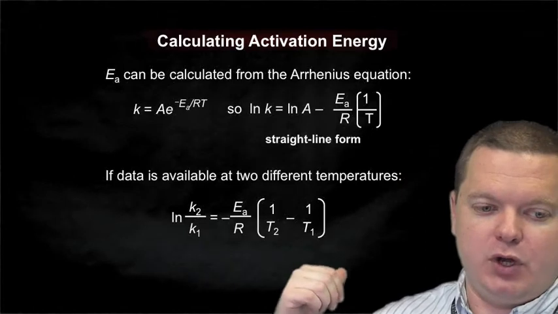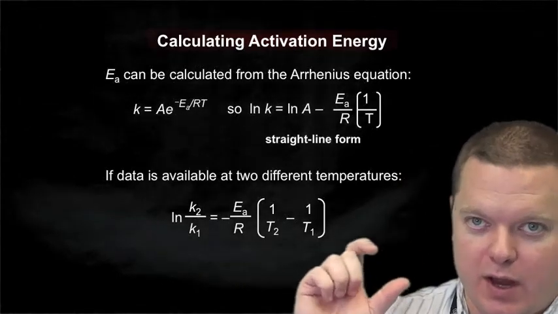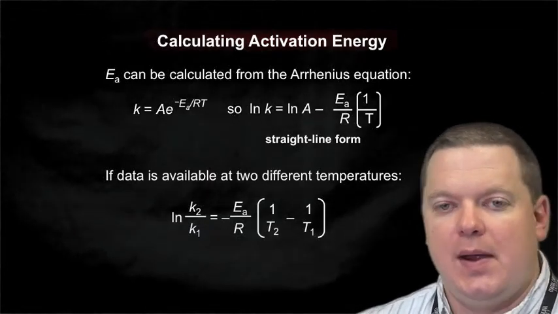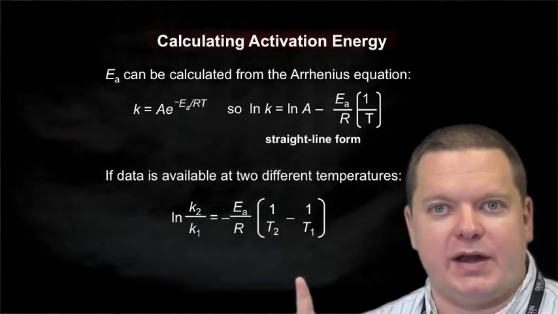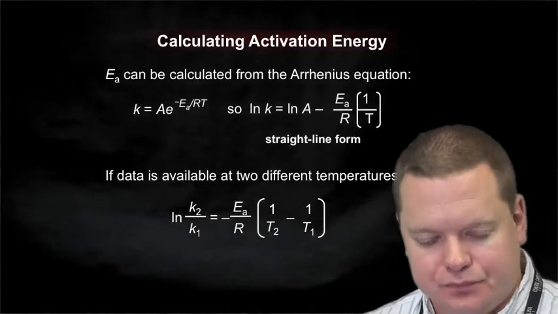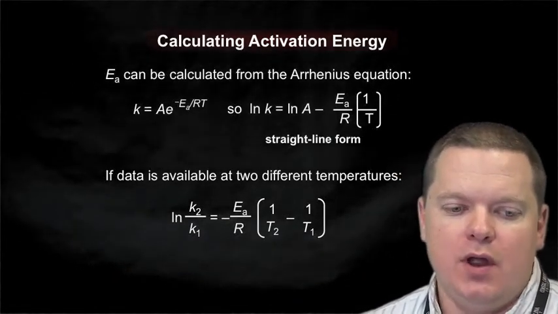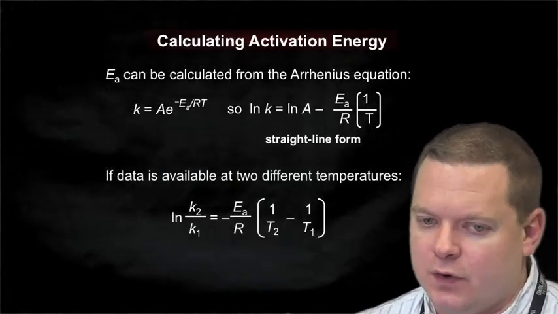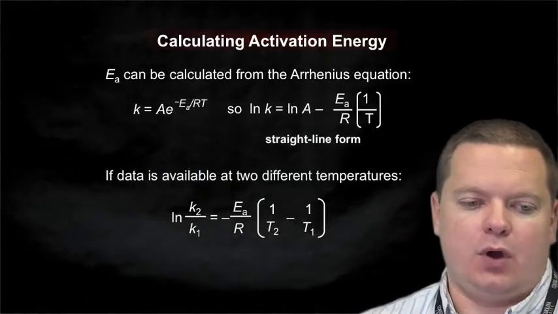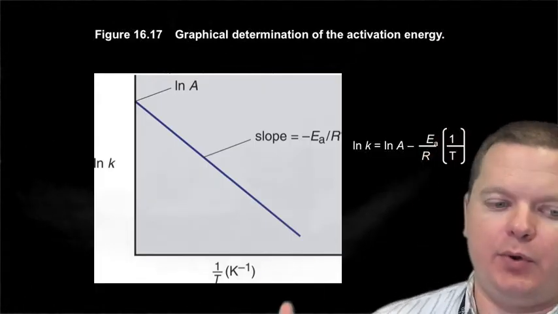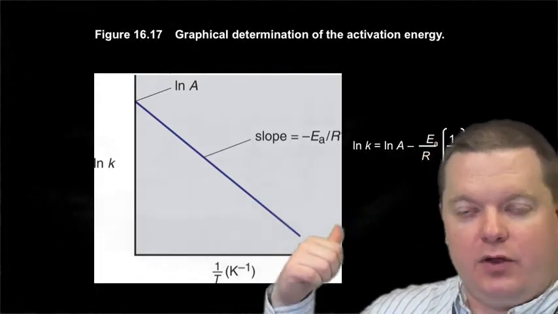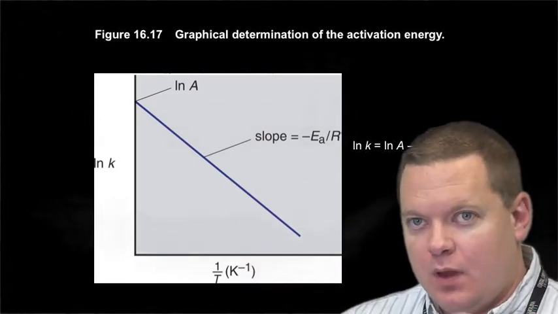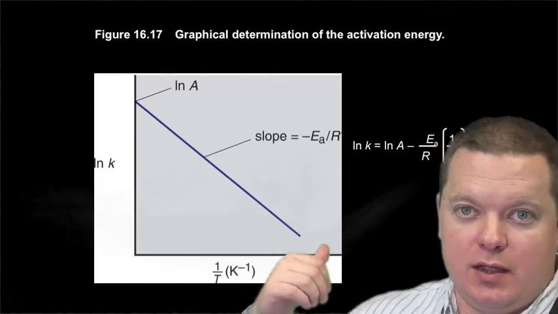So if we have data from two different temperatures, then the natural log of the rate constant at the second conditions divided by the rate constant at the first conditions is equal to a negative activation energy over R times 1 over the temperature of the second set of conditions minus 1 over the temperature under the first set of conditions. Right? And then you'll do this in lab where you'll calculate the activation energy by looking at these rate constants at two different temperatures.